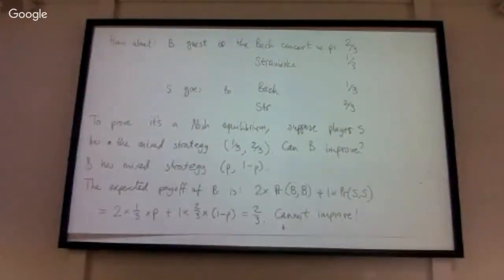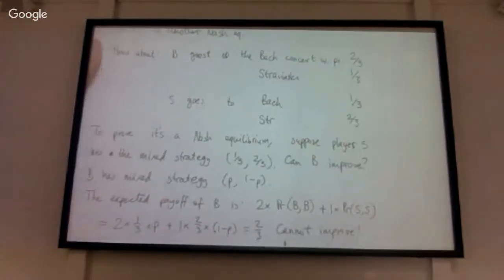I think we've done a couple of examples now, so it should be intuitively clear what the definition means. It means that you have some strategies. In this case, there are mixed strategies, and the Nash equilibrium is a situation where you look at every one of the players and you fix what all the other players are doing.